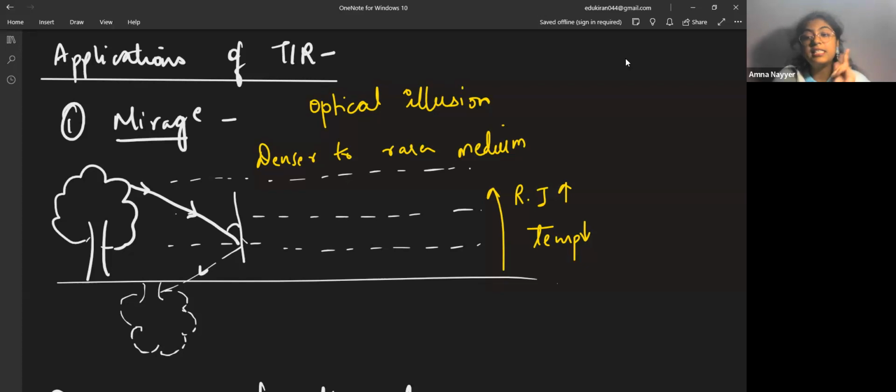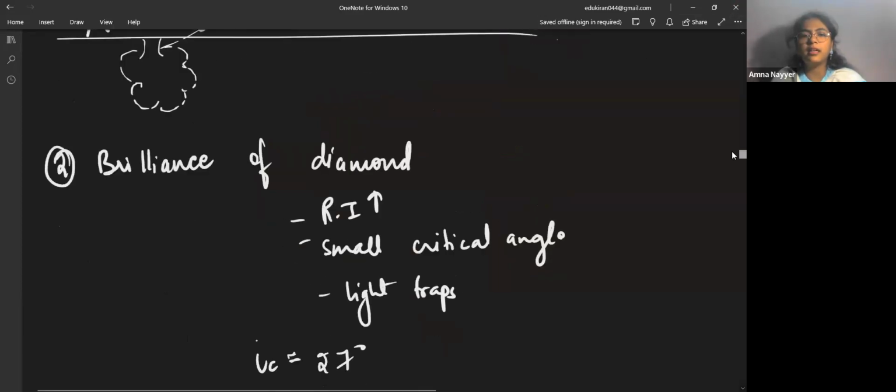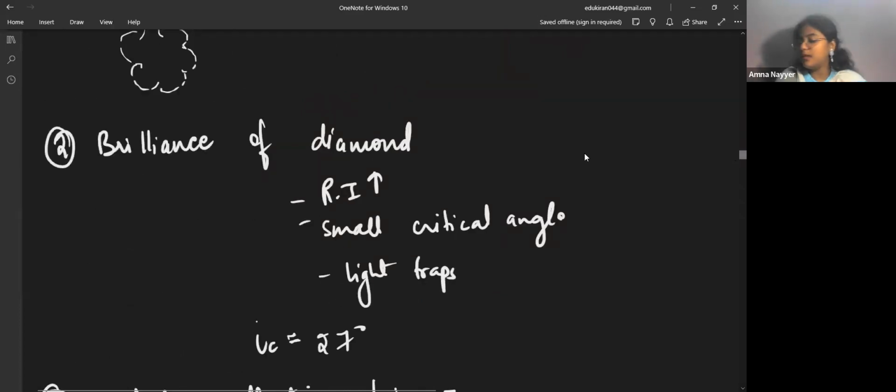This is one. Second one, brilliance of diamond. You have seen the sparkling of diamonds. If you see a diamond, it sparkles.